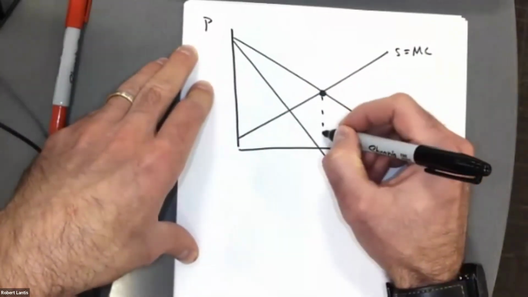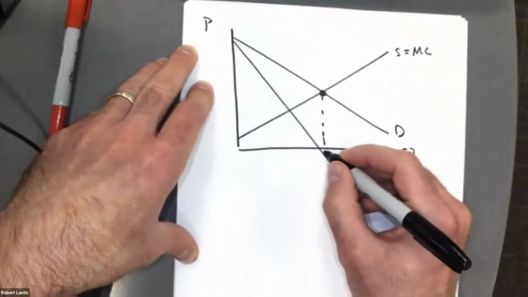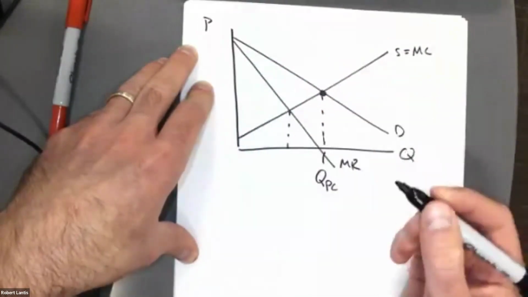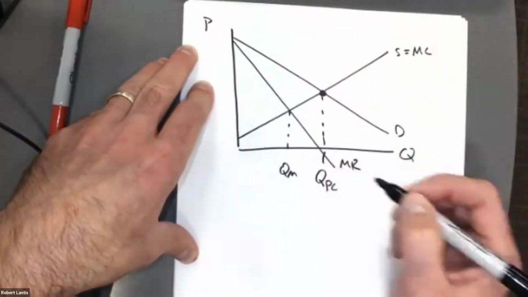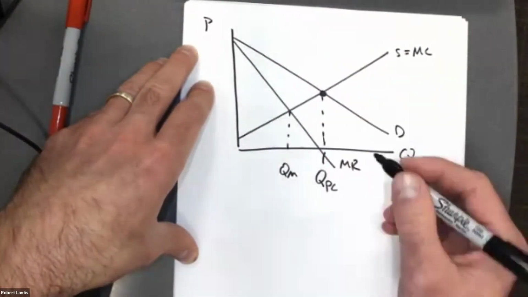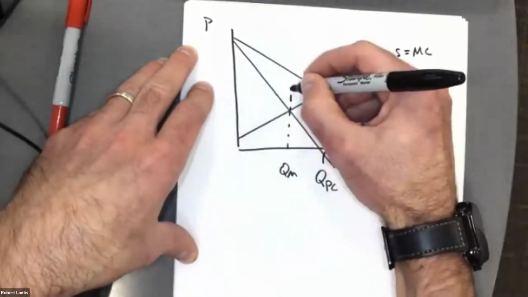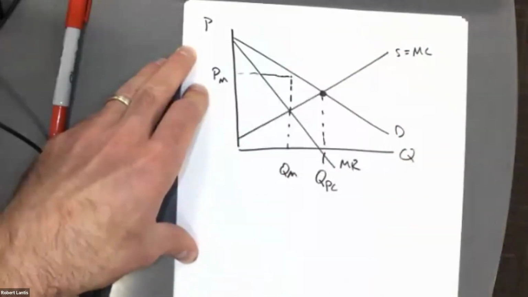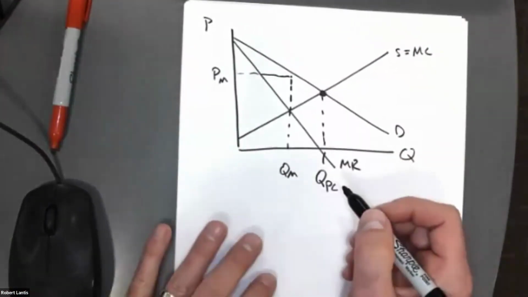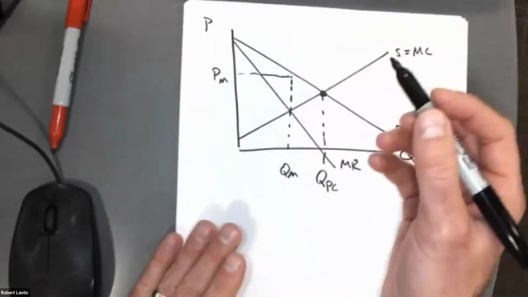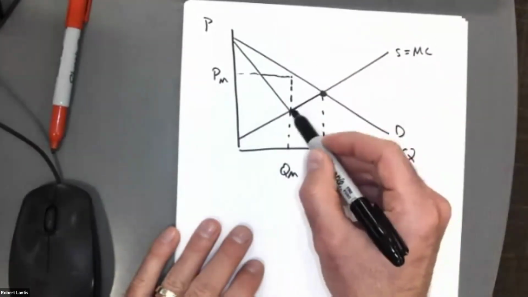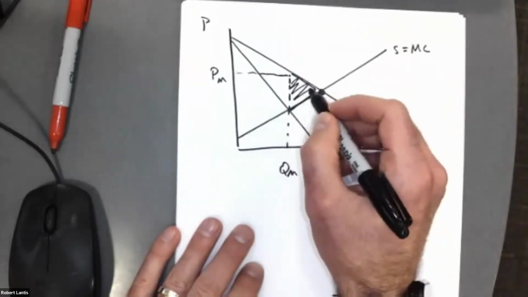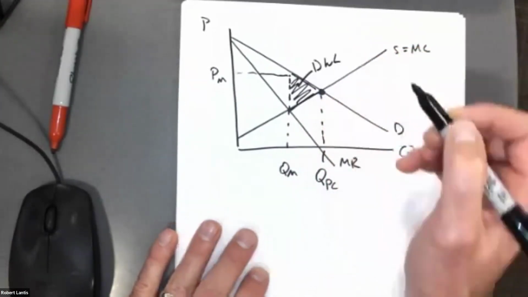We said the point where supply is equal to demand would be the perfectly competitive quantity. The point where that twice as steep marginal revenue curve hits marginal cost is the monopolist quantity. They then go up to the demand curve to calculate the monopoly price. So what is the surplus we're missing out on?